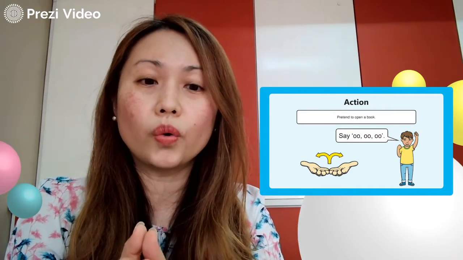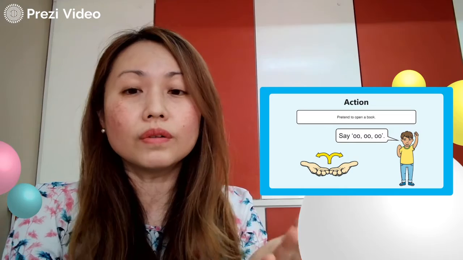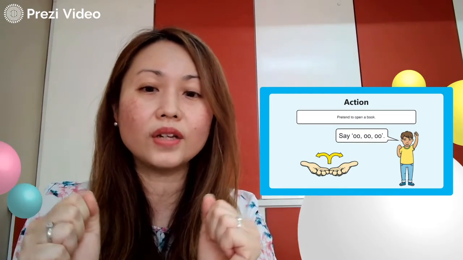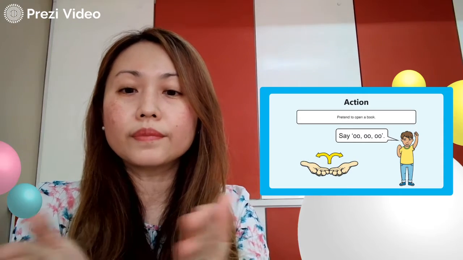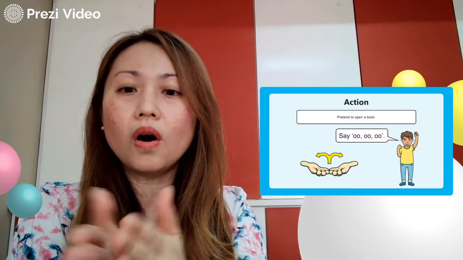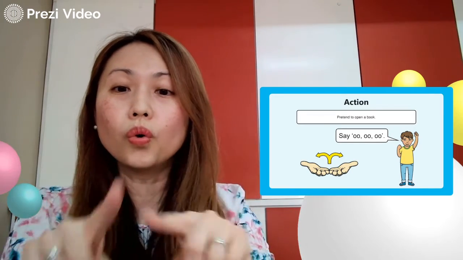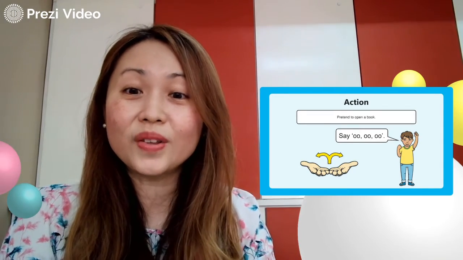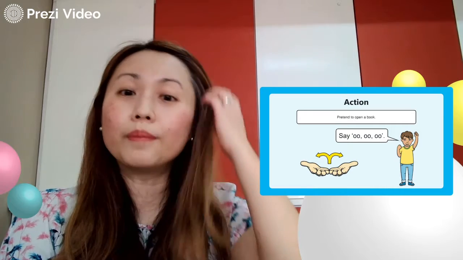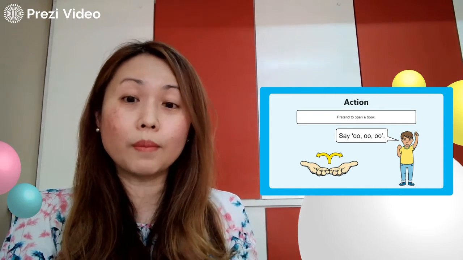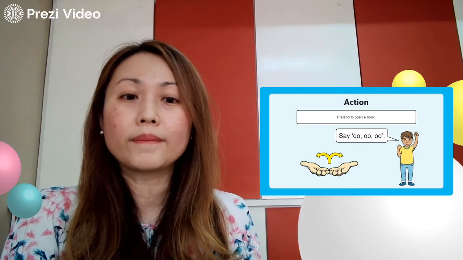If it's a long sound or short sound, you can do short sounds, and then long sounds, ooh, ooh. That could be something fun where your child can distinguish these two sounds and why some words are pronounced differently. For example, a longer sound would be ooh.